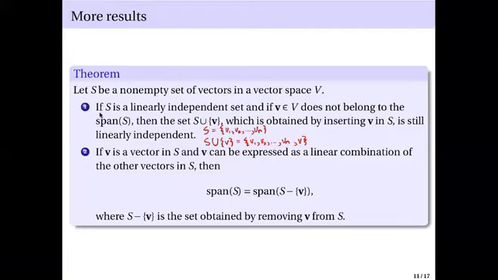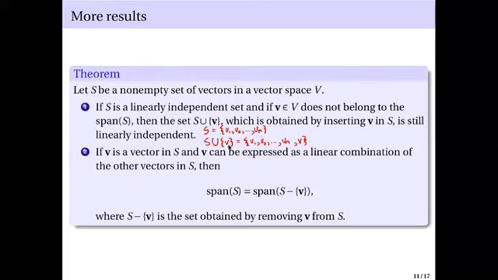So this theorem tells us S, this set here, is a linearly independent set. And the element V does not belong to the span of S. So meaning you cannot write V as a linear combination of V1, V2 until Vn.